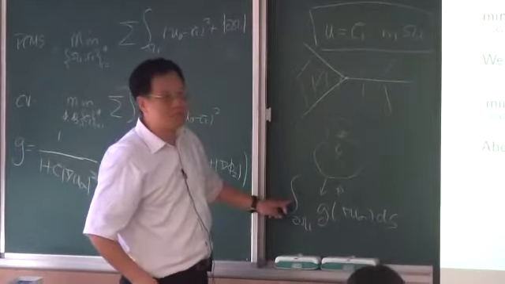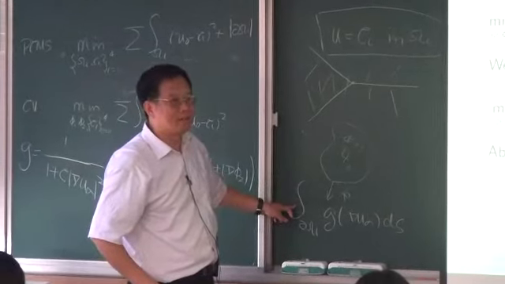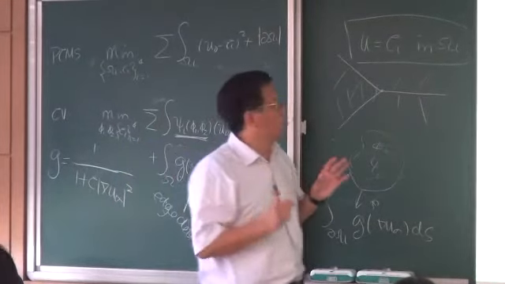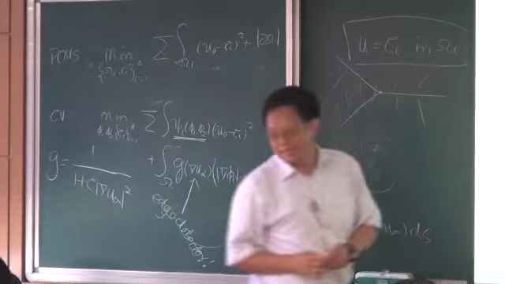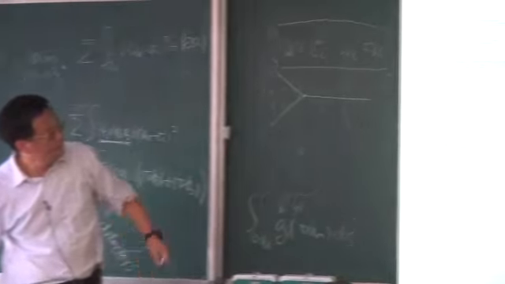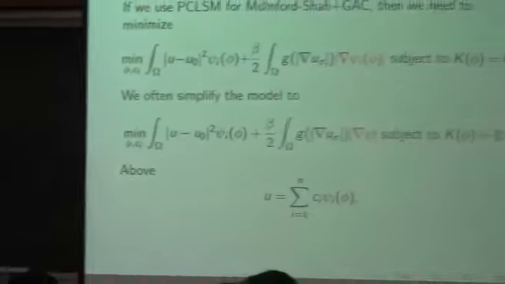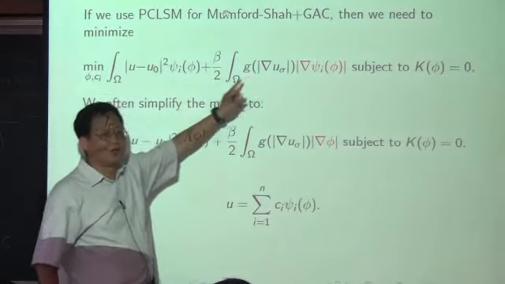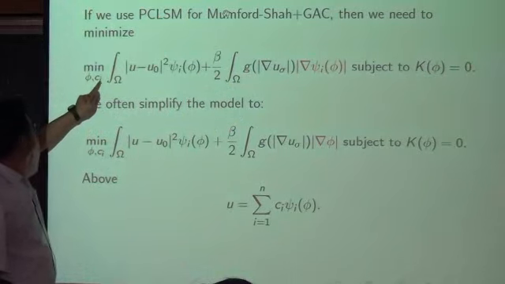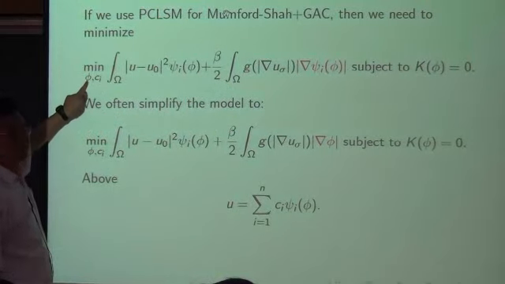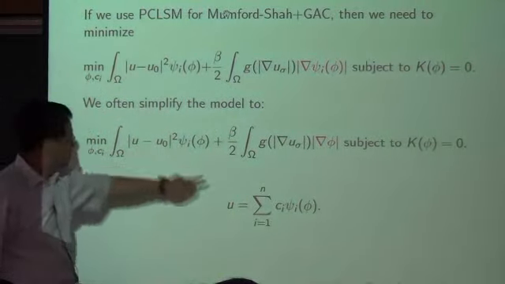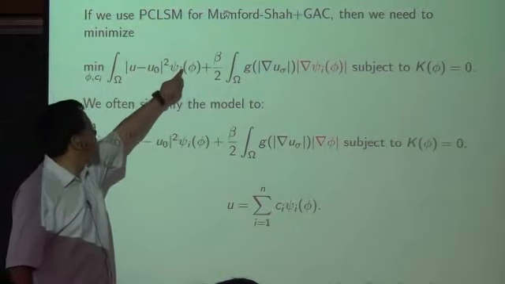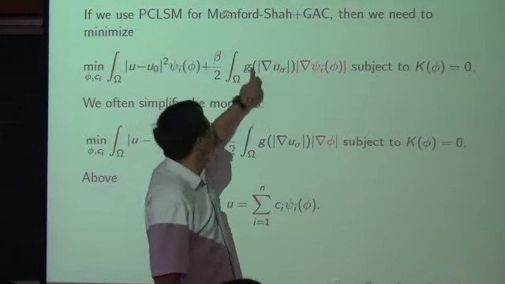So that term reduces to here. And so, you see, those two terms equal to those two terms. So again, the original minimization with Ci now becomes a minimization over phi. So this u depends on phi in this way. This depends on phi. This does not depend on phi.